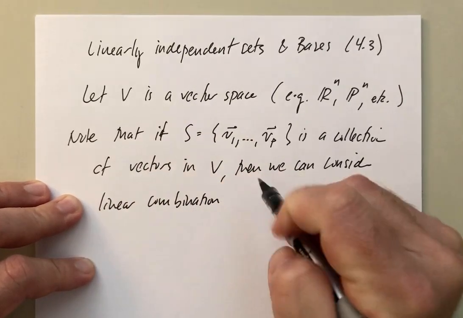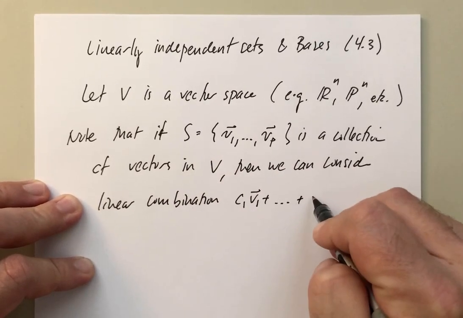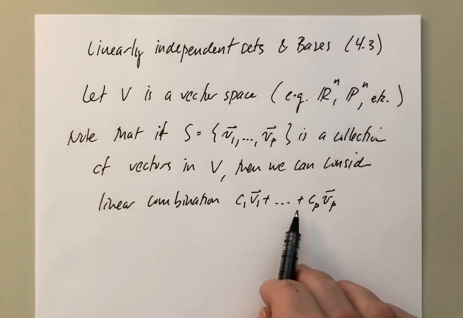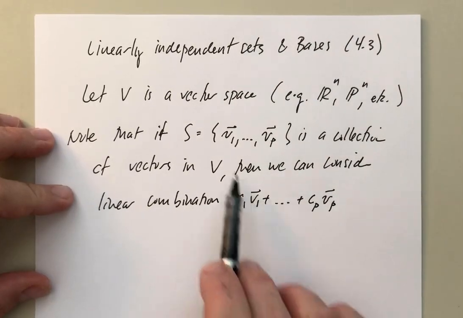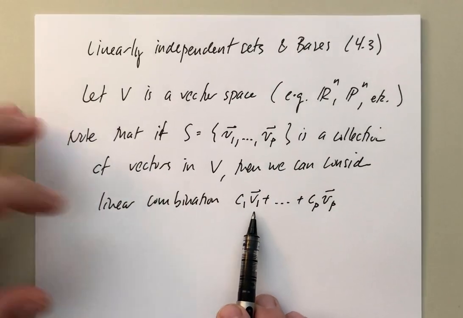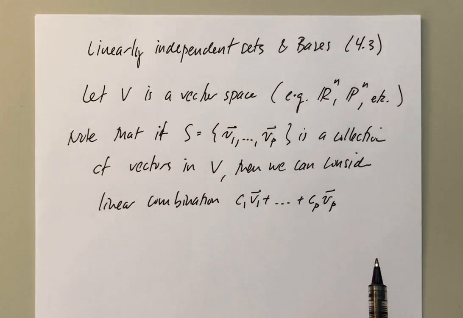So you can still take some number times V1 plus some number times V2, ... some number times Vp, and add those all together. We can do that because, remember, each vector in a vector space can be scaled by a number, and that gets you a new vector that then can be added to all the others. Since we have this notion of scaling and addition, this always makes sense.